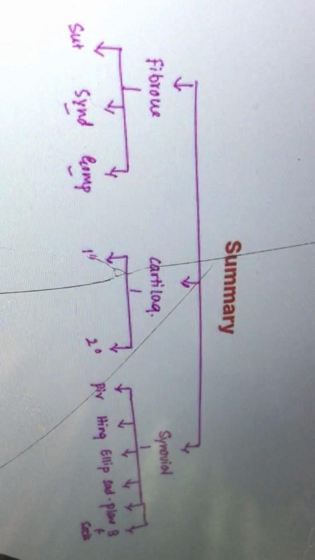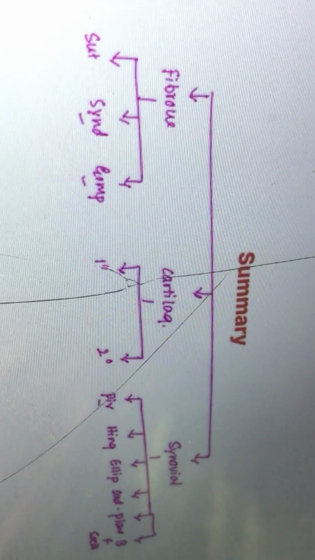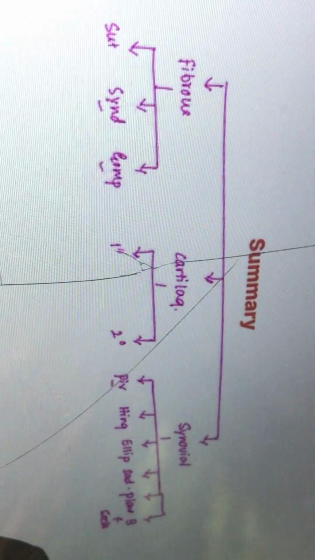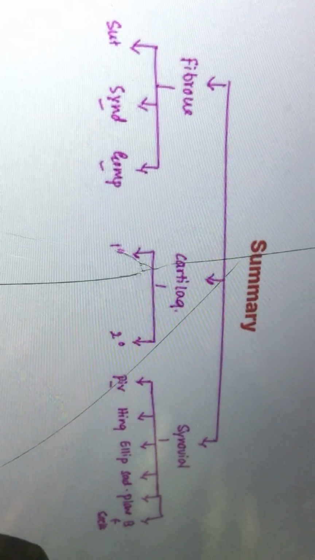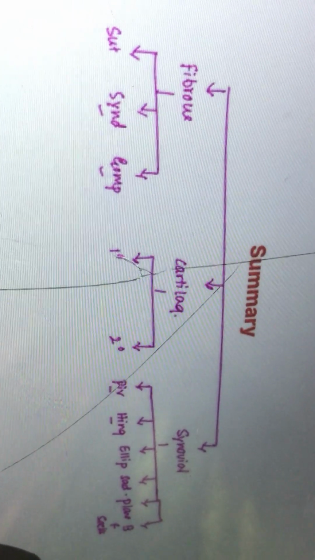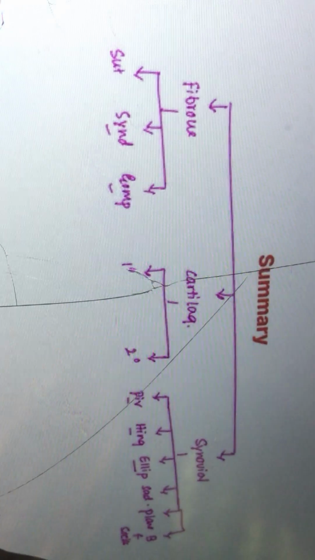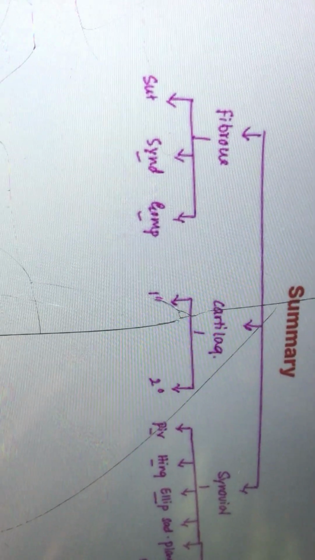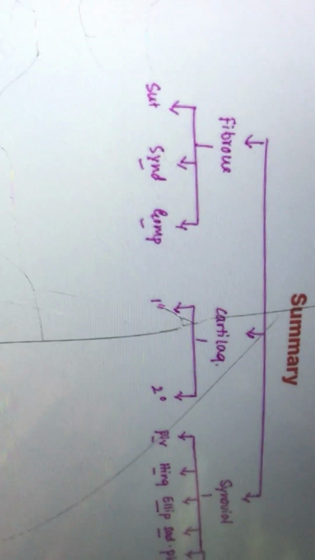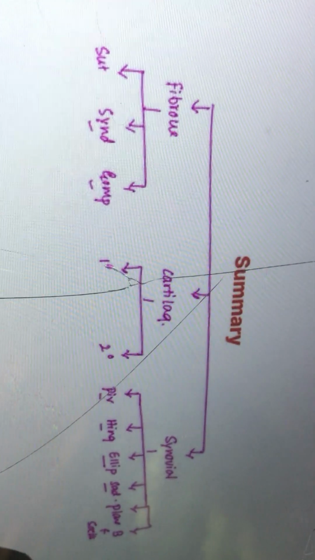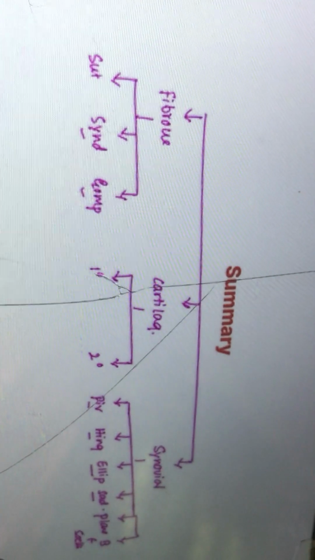Then, in synovial joints, the best example for pivot joint is the median atlantoaxial joint and the superior and inferior radioulnar joint. Hinge joint: elbow, knee and interphalangeal. Ellipsoid joint: the wrist joint and the atlanto-occipital joint. Saddle joint: the best examples include the first carpometacarpal joint and then sternoclavicular joint and also metacarpophalangeal joint.